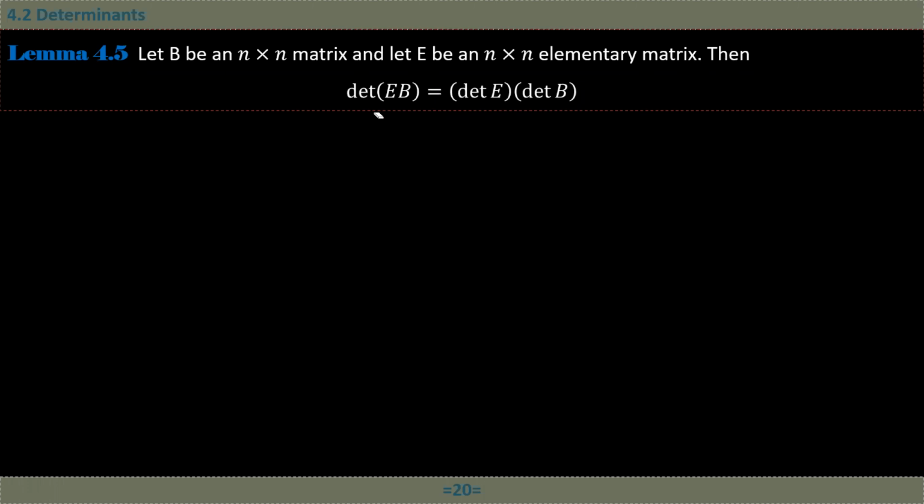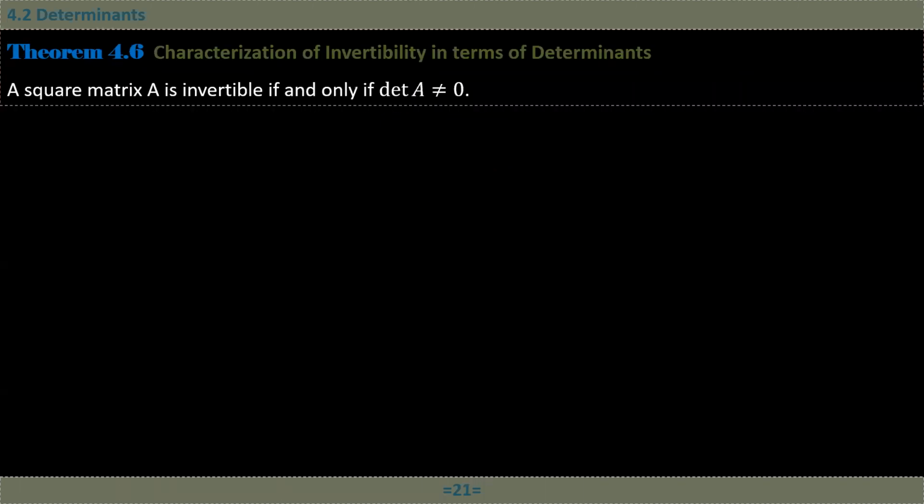Then the determinant of EB is equal to the determinant of E times the determinant of B. Just take this as a fact. The proof is not so difficult, because we just need to consider those 3 cases, and in all three cases you will see that we get the same thing. I'll skip this, but we will prove the theorem using that fact.